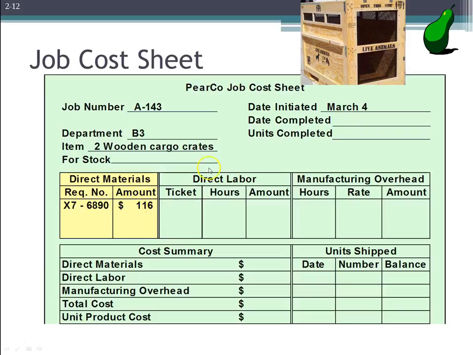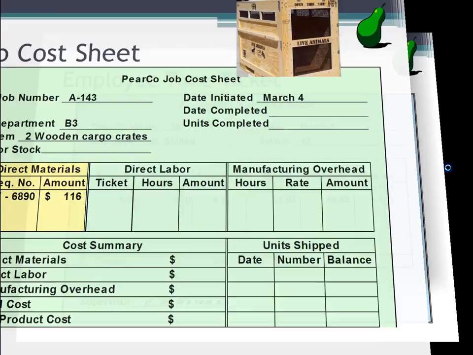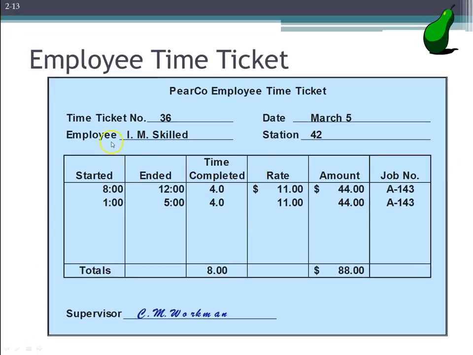That's the cost. Next, of course, is the direct labor. Let's assume that we have a very skilled craftsman, and his name is I Am Skilled, of course. And this is his timesheet, basically, and he's working on our job for this customer. He starts, it looks like, at 8 a.m., works till noon, takes a 1-hour lunch, starts up again at 1 p.m., finishes the job at 5 p.m. So 4 hours in the morning, 4 in the afternoon, total 8 hours, and we pay him $11 per hour.